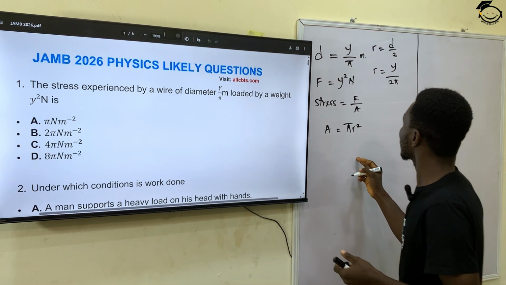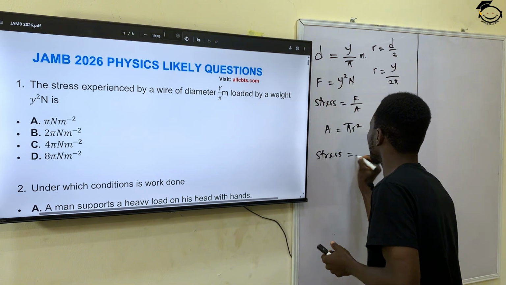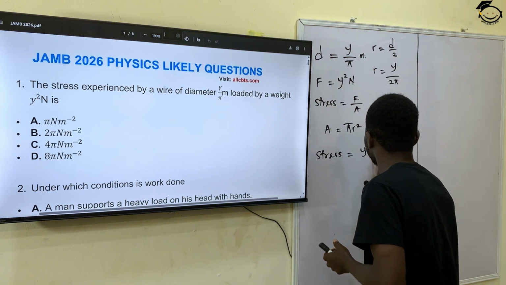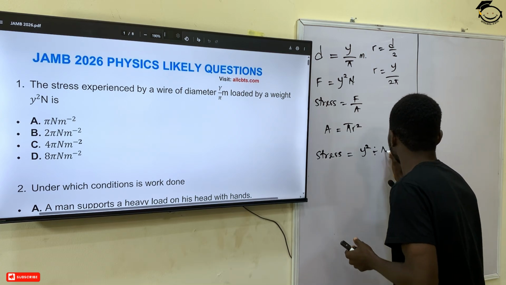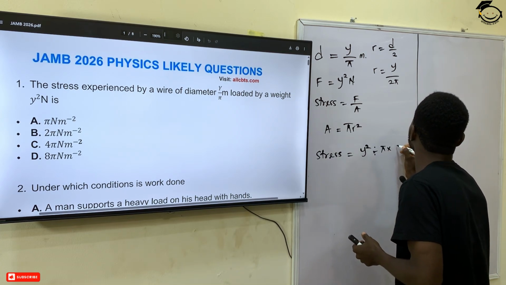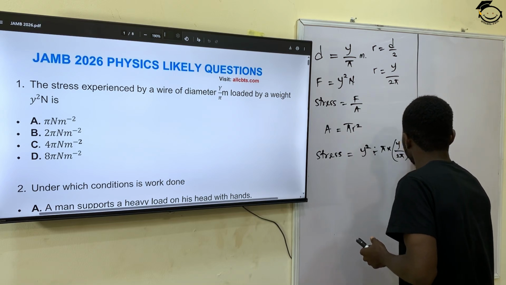So if you input this, it means that my stress is supposed to give me y squared divided by pi times y over 2 pi all squared.